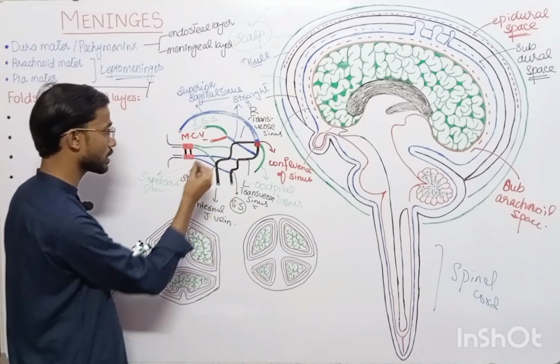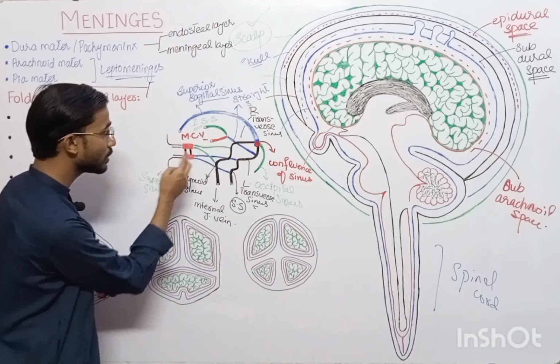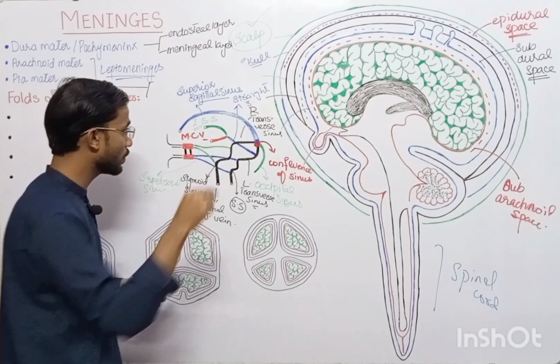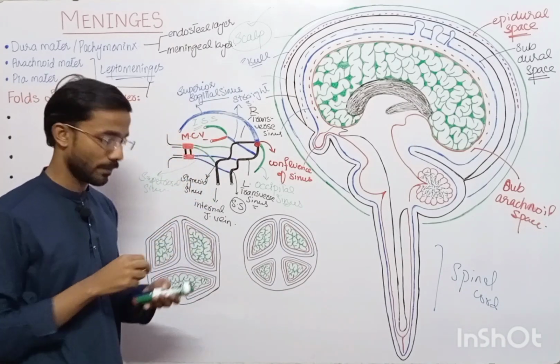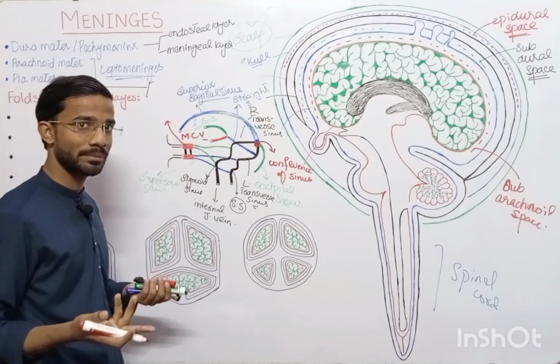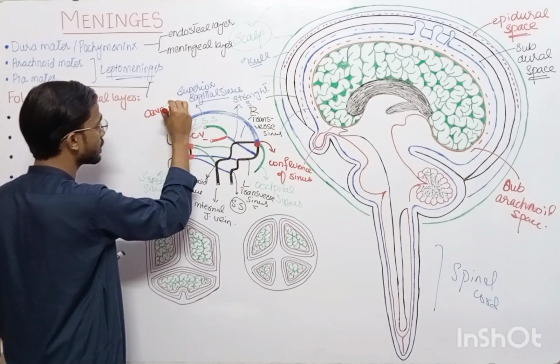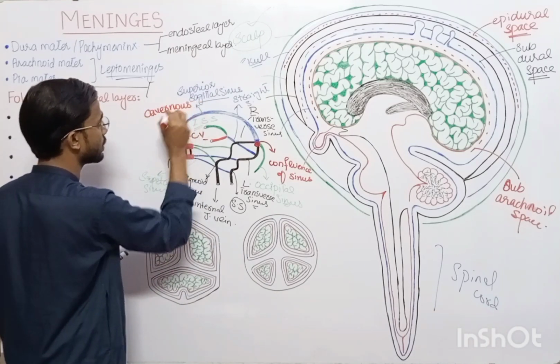The same left transverse sinus also evolves two sinuses, the superior and inferior petrosal sinuses, and both these petrosal sinuses will drain into another two sinuses, right and left, and here is the cavernous sinus.